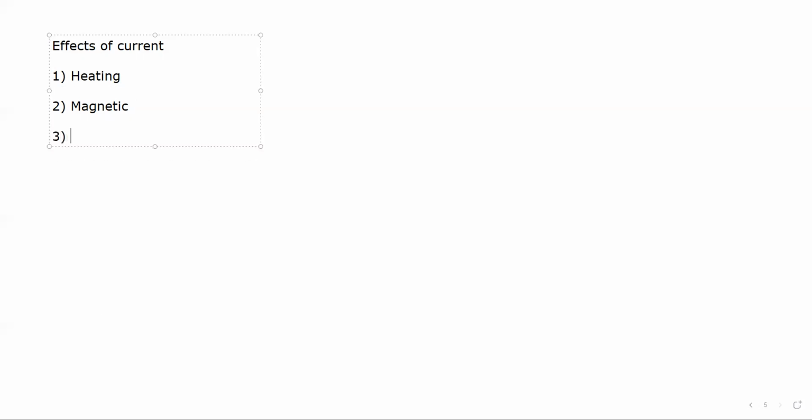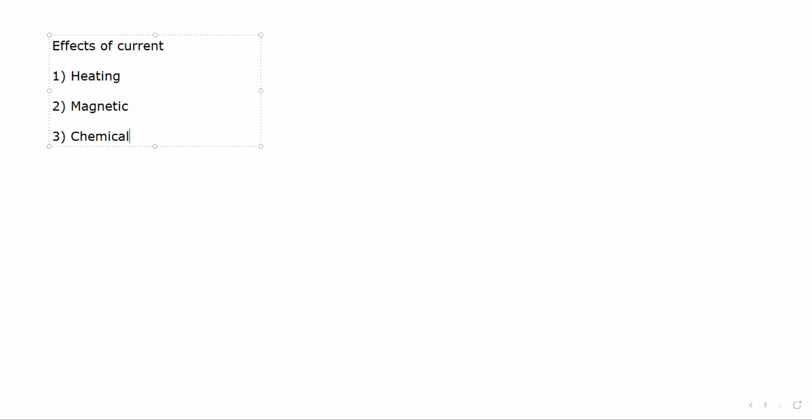This part we will discuss in detail. And whenever current passes, it can also have a chemical effect. Using a current, we can carry out chemical changes, as we discussed in chemistry, electrolysis and chemical cells. In electrolysis, we pass the current, and by passing a current we can chemically change the substance.